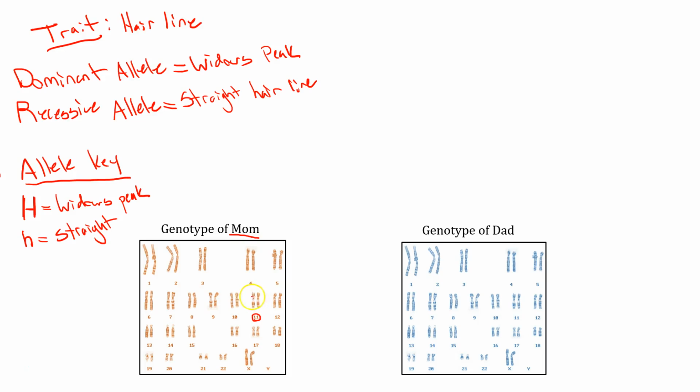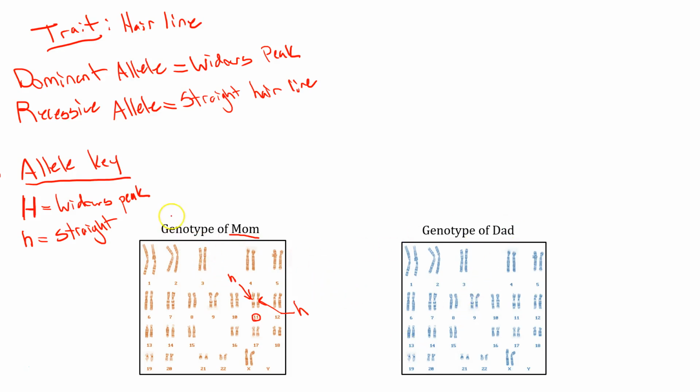Well, mom has two copies of this trait, and let's say for this example that mom is homozygous recessive, meaning that she has a straight hairline, and because she has a straight hairline, it's because one of her chromosome number 11s has the recessive allele, and the other chromosome number 11 that she got has also the straight allele. The only way that one could have the recessive phenotype is to be homozygous recessive, remember.